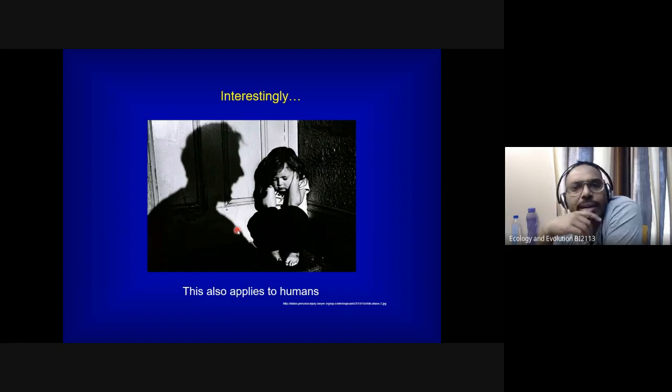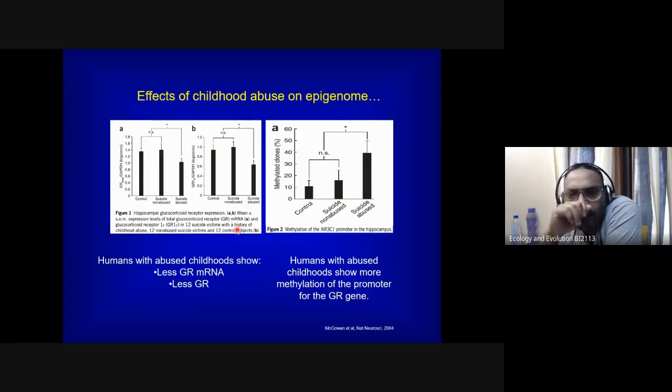Very interestingly, although we studied this in rats, it is known that this may have a possible role even in human beings. They did a very interesting study on the effect of childhood abuse on the epigenome.